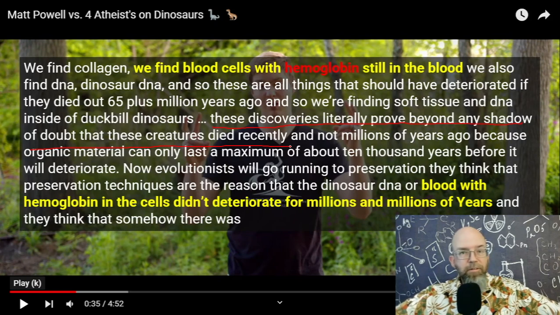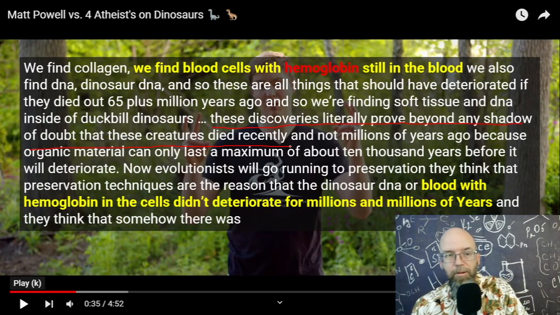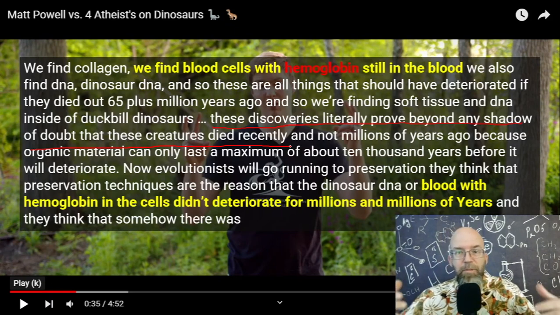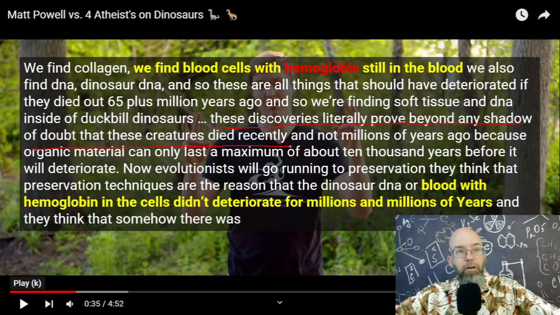But dinosaurs and all these other fossils that are 100 million years old, by young earth creationists' own reasoning, they're only 4,500 years old. They should expect that they would have lots of biomolecules. I mean, if it can survive 10,000 years and they're only 4,500 years old, then they should be promoting the fact that they should have lots of biomolecules in them. And that's what they're doing, right?